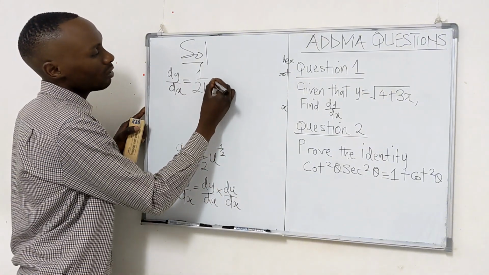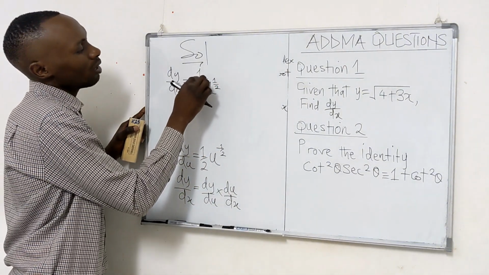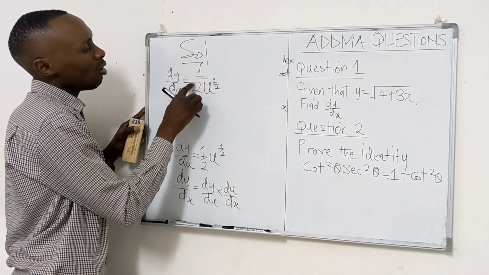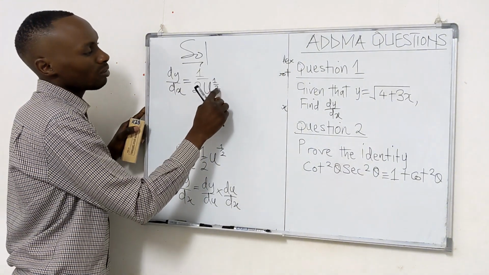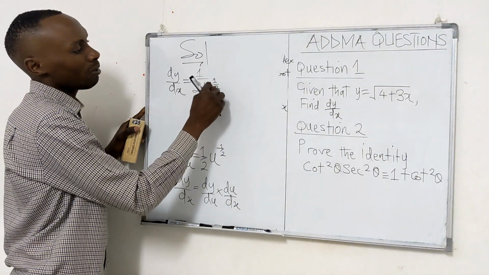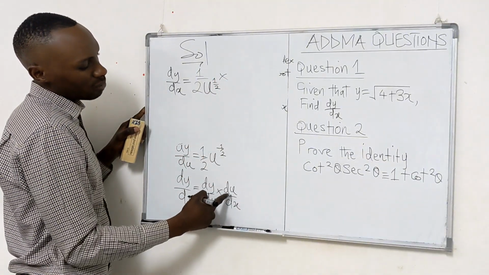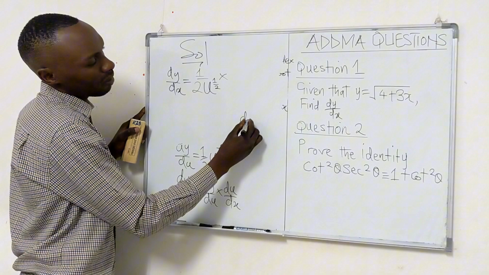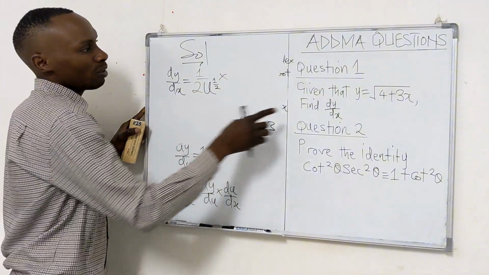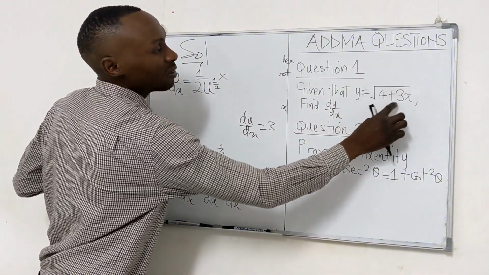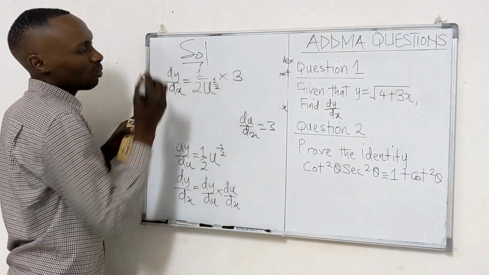So we have 1 on top over 2u to the power 1 over 2, then multiply by du/dx. Remember here we got du/dx as 3, from the derivative of what is inside here, 4 plus 3x, which gives us 3.